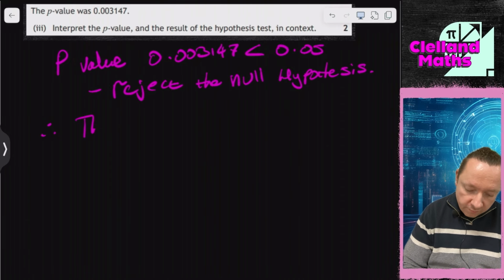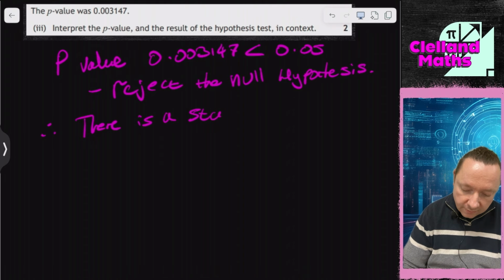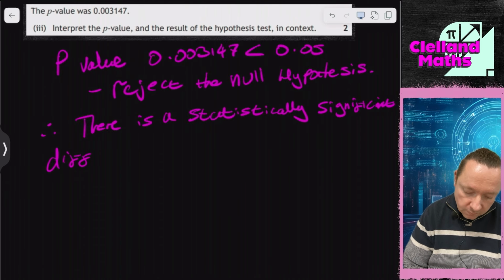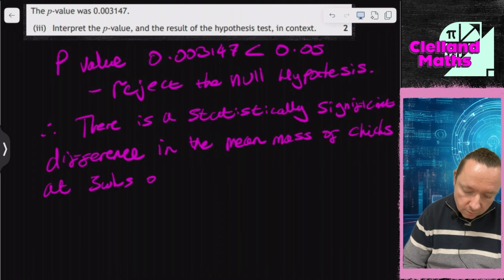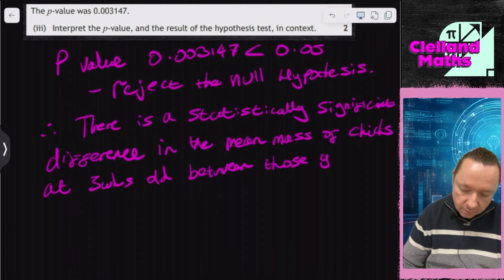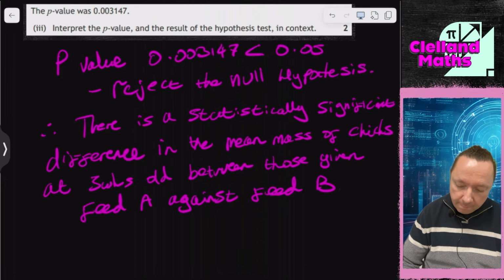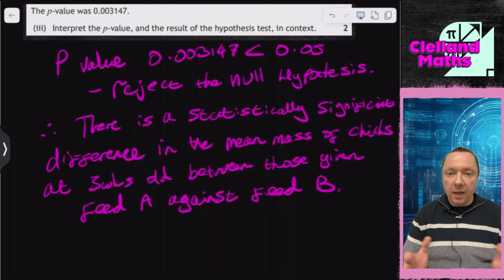And say, therefore, there is a statistically significant difference in the mean mass of chicks at 3 weeks old between those given feed A against feed B. So you could mention a 95% confidence interval for the true population, but I don't think you need it for this question.